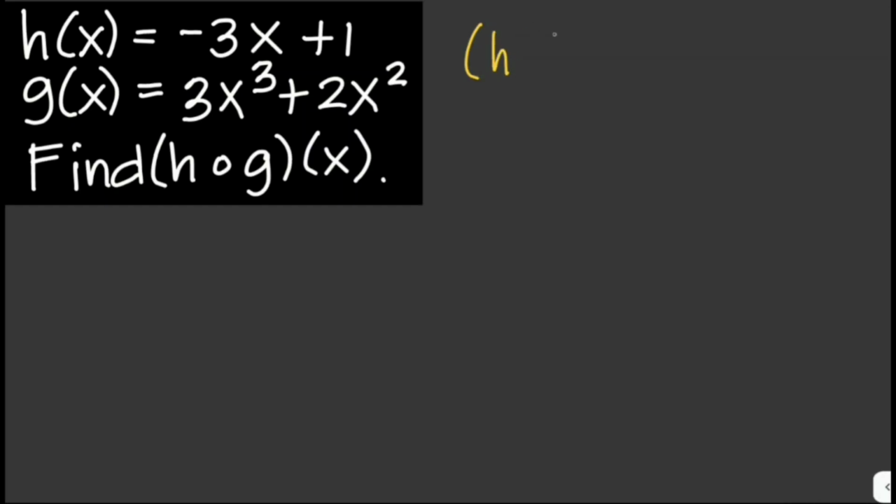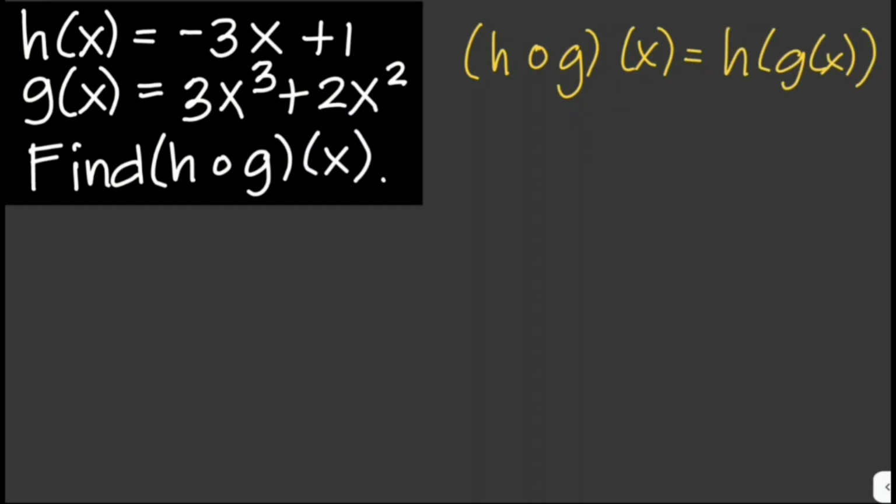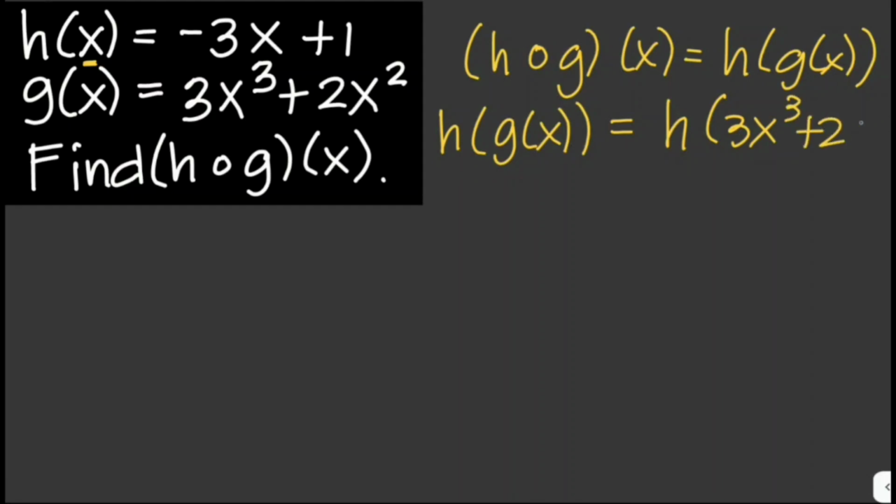So h of g of x, we just have to replace the value of x from function h of x with the whole function g of x. So this is just h of 3x cubed plus 2x squared.